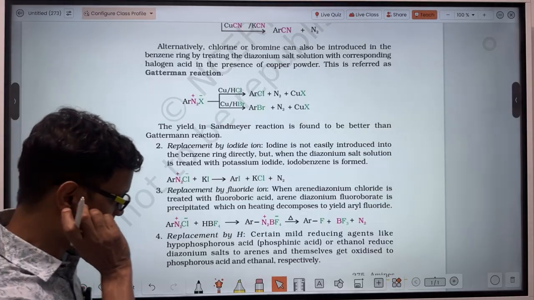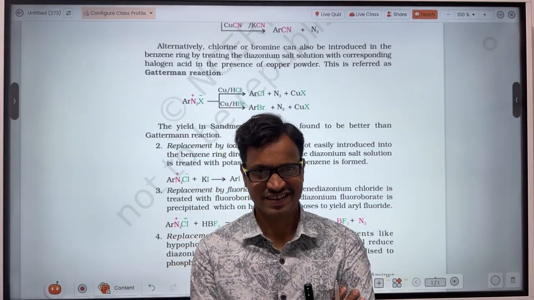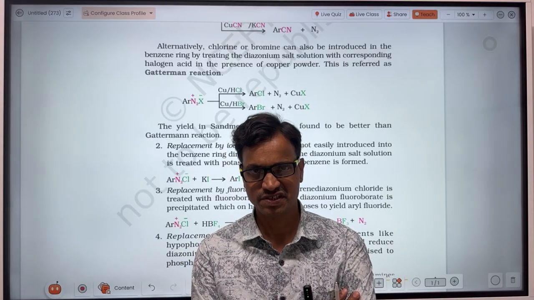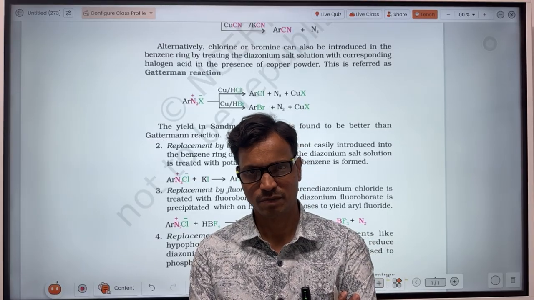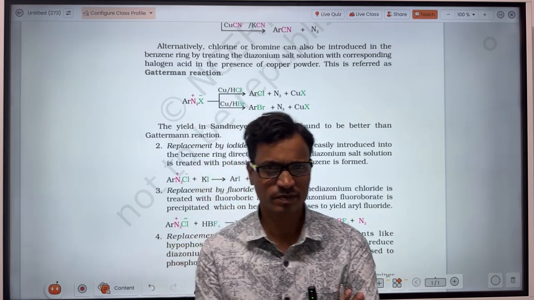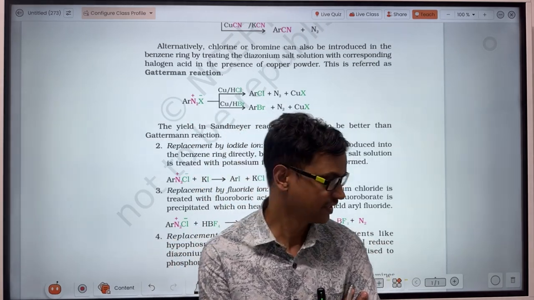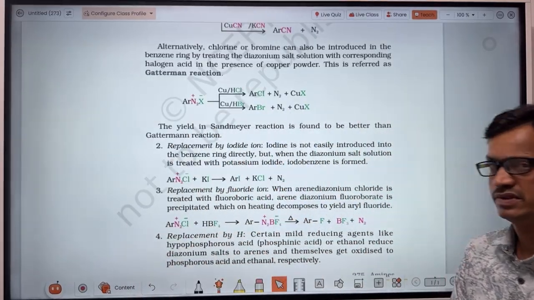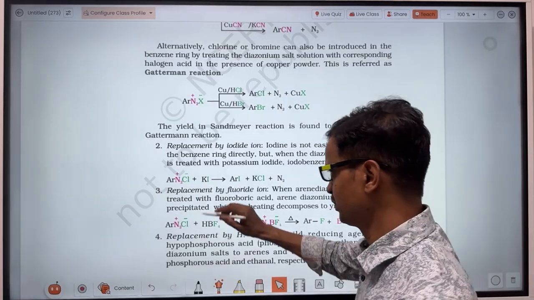Now, direct iodination or fluorination in benzene is difficult, as you have studied in the first chapter. So from benzene diazonium halide or benzene diazonium salt, with HSO4 minus or any other anion, when the diazonium salt reacts with KI, we can prepare iodobenzene.